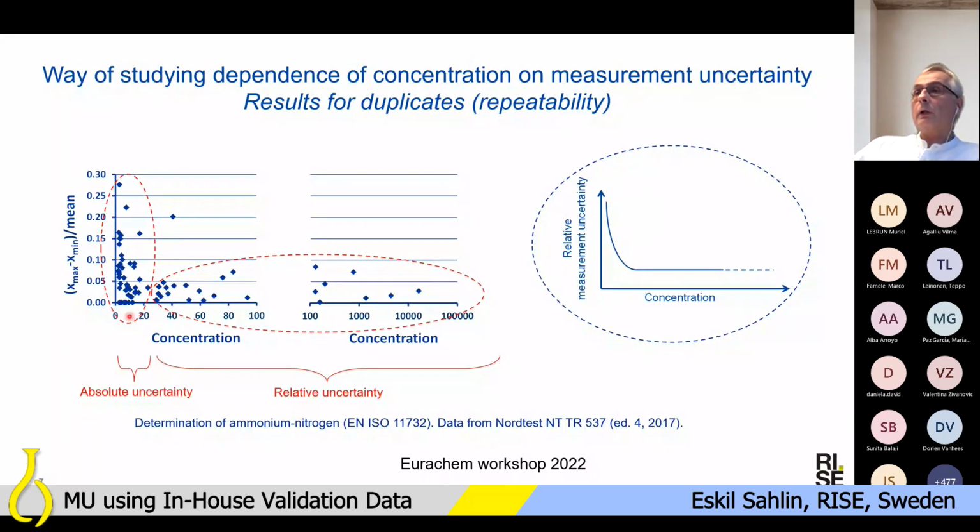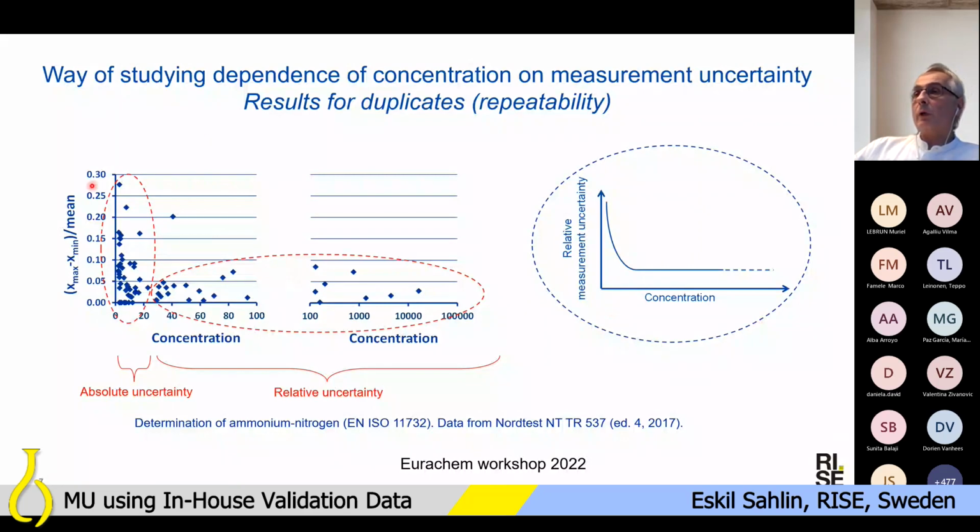If we look at the lower part of the concentration range, we see another pattern. We end up with points higher up here, and this indicates that it's appropriate to have an absolute uncertainty down here. We could keep this in mind. This was what we were looking at in the previous slide.